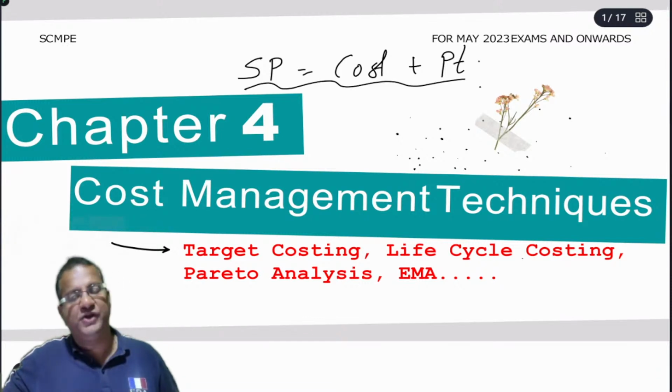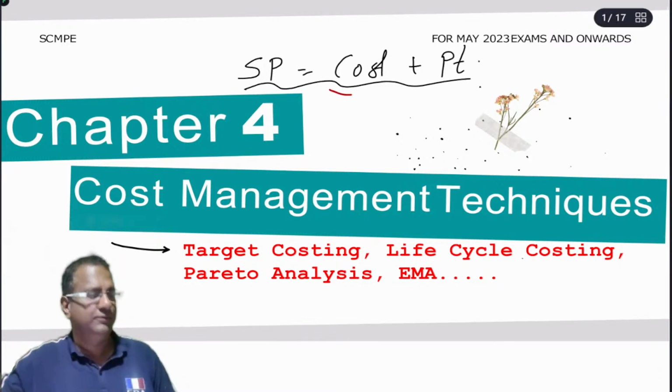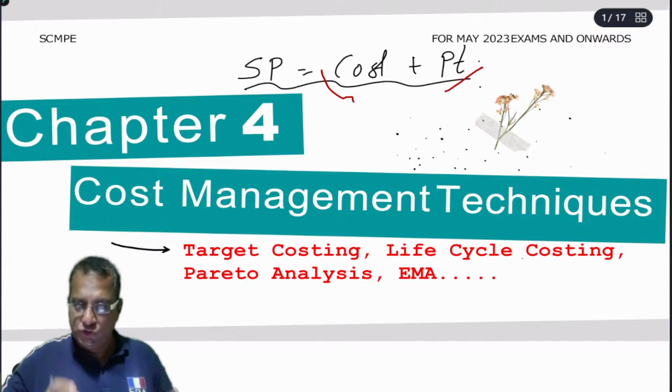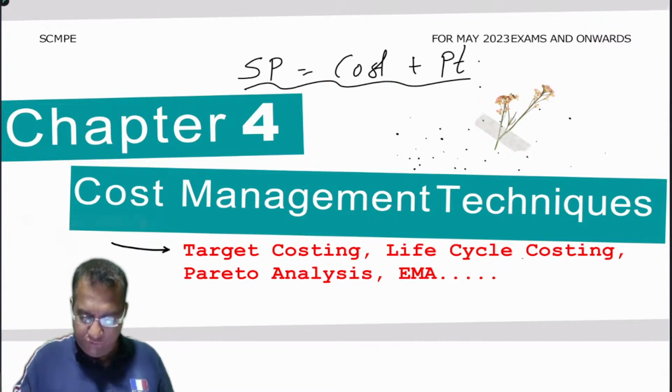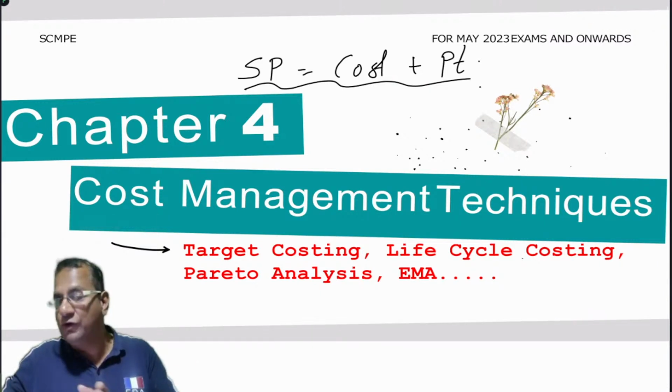When there is a monopolistic situation, what I will do is determine my cost, whatever cost it be. Suppose it is rupees 10,000. I will add a huge profit on that because I am enjoying a monopolistic situation. 10,000 plus 50% profit on cost. So my sale price is 15,000 rupees.